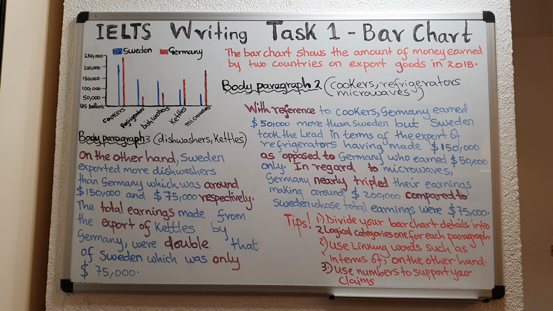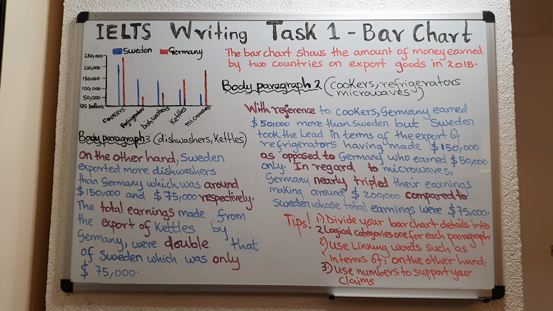In this lesson, we are going to learn about IELTS Writing Task 1. When it comes to Writing Task 1, the general training students are supposed to write a letter, but the academic students are supposed to write an opinion on a chart, for example, on a bar chart.